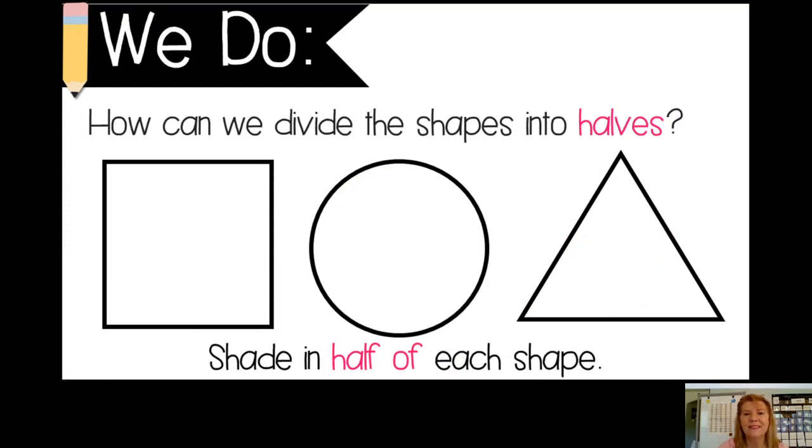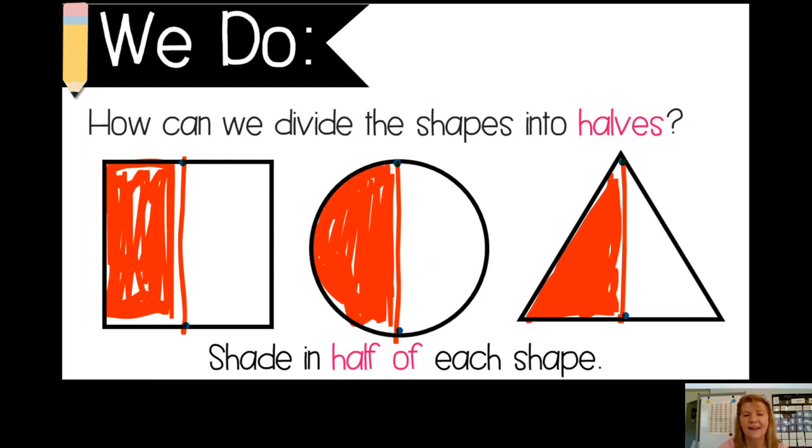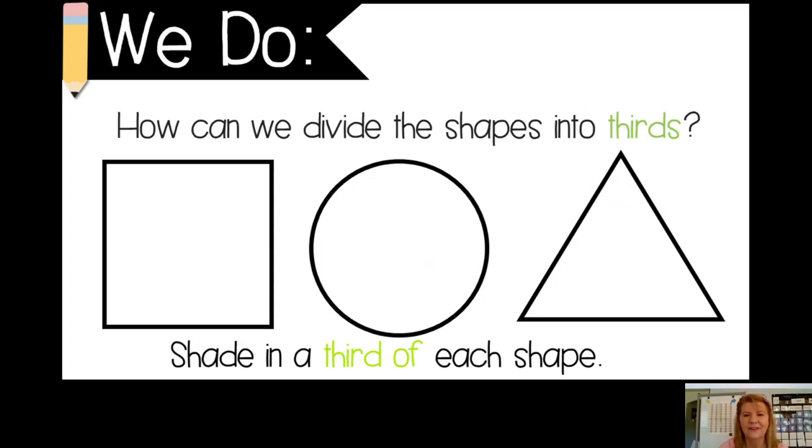How can we divide the shapes into halves? Well, your dots, your line, your dots, your line, your dots, your line, and shade. 1/2. How can we divide the shapes into thirds? Your dots, making them equal spacing apart, your lines.